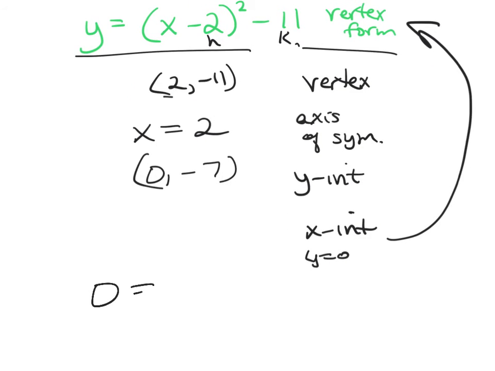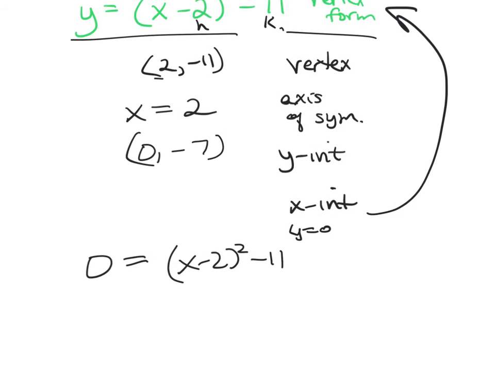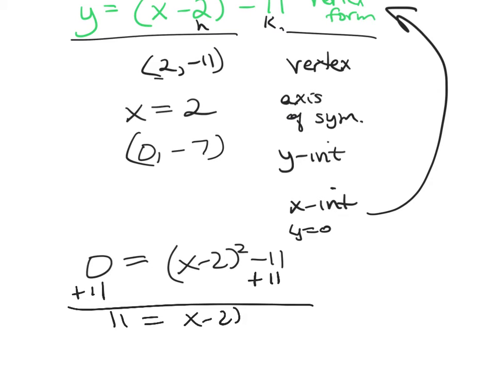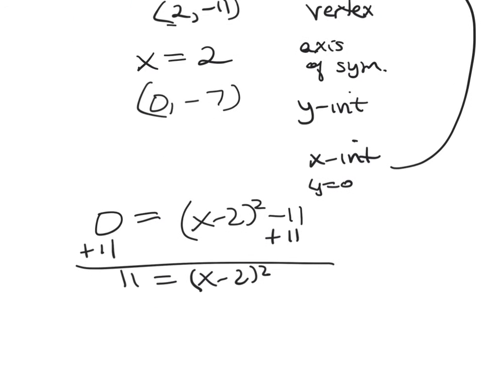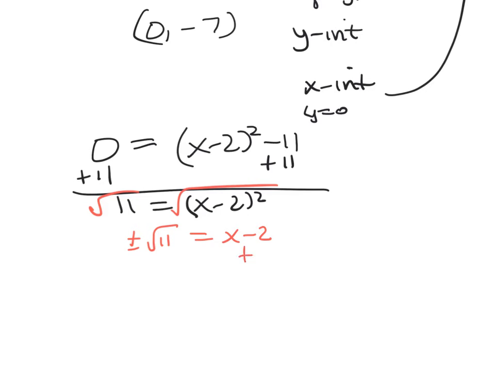So 0 equals x minus 2 squared minus 11. Add the 11. 11 equals x minus 2 squared. I now apply the square root method. Plus and minus square root of 11 equals x minus 2. Move the 2.